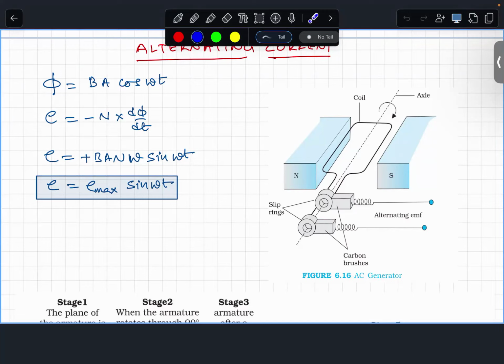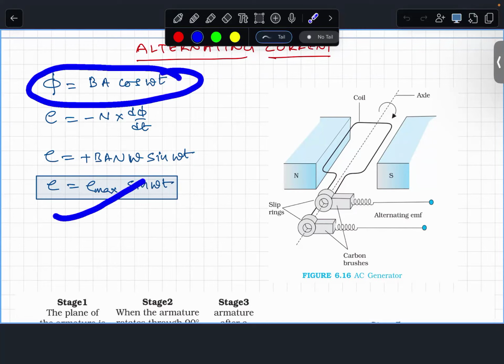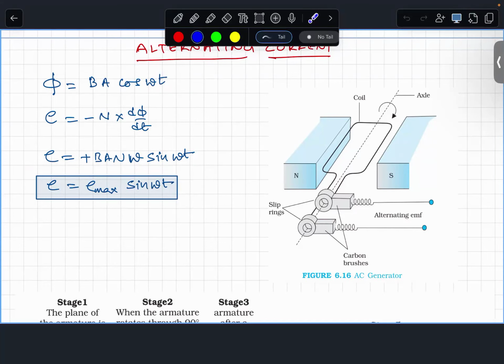So what we have noticed is, in case the flux changes in this fashion, this is the expression for the EMF induced. This is what we understood in last week's or the week before's classes. Now we will see how it works.